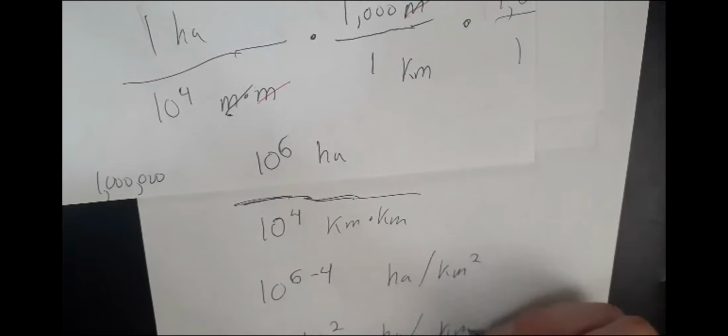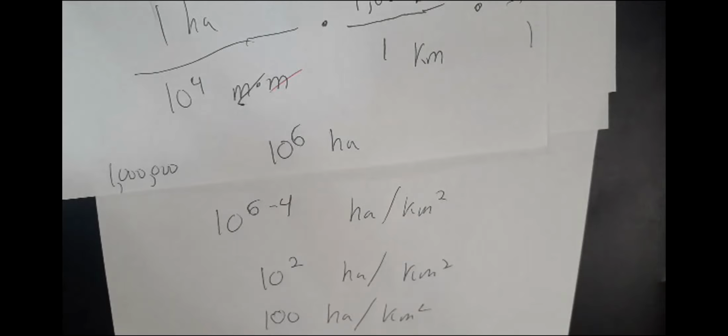So what we have is 10 to the second, hectares for every 1 kilometer squared. So what we actually have is the number 100.